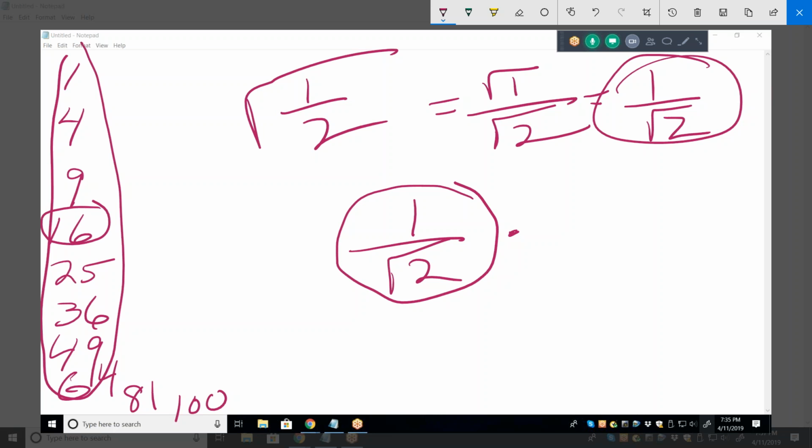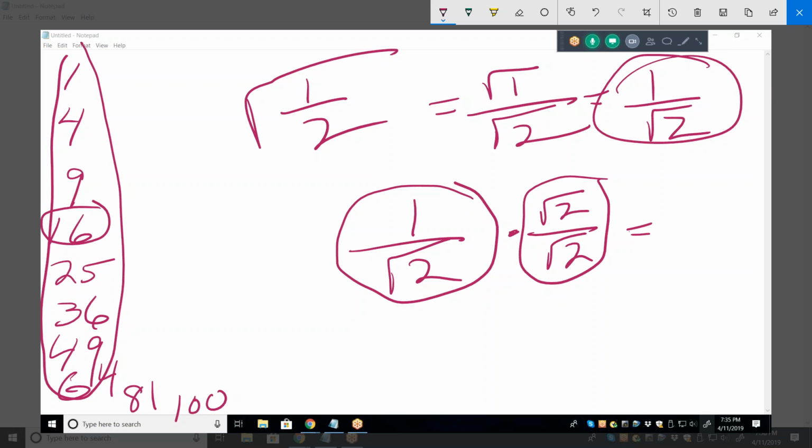But when I have a fraction, the only thing I can do is multiply it or divide it by 1. If I square the top and square the bottom, I've changed the value of that fraction. Right. But if I can multiply it by 1, let's multiply it by that 1 right there. That is 1. What does that give me for an answer?